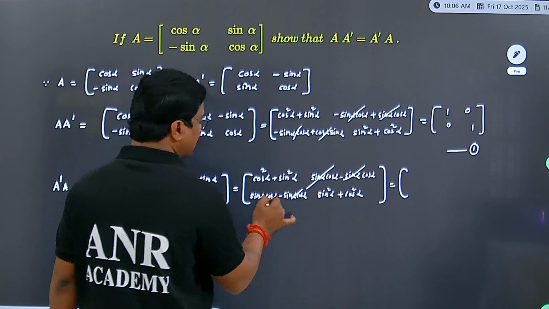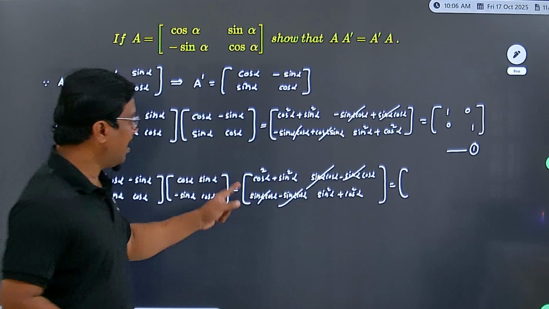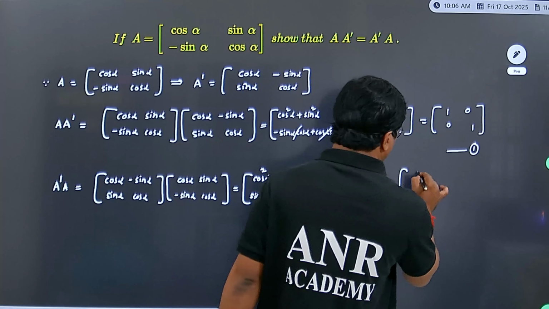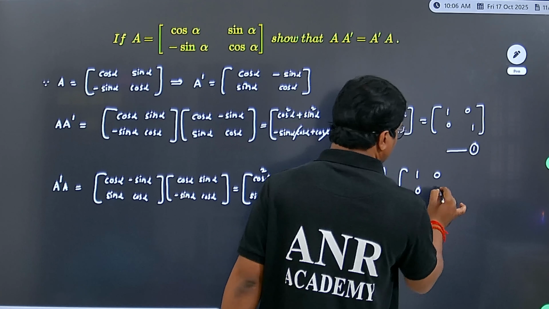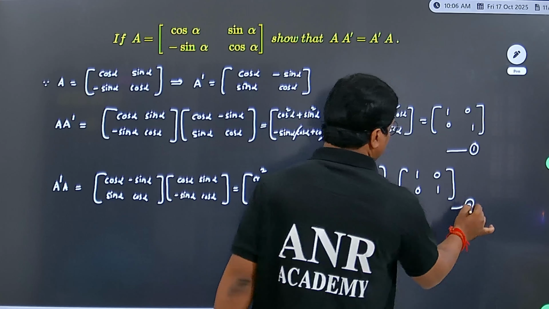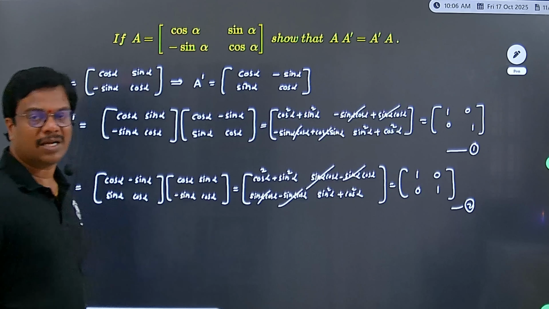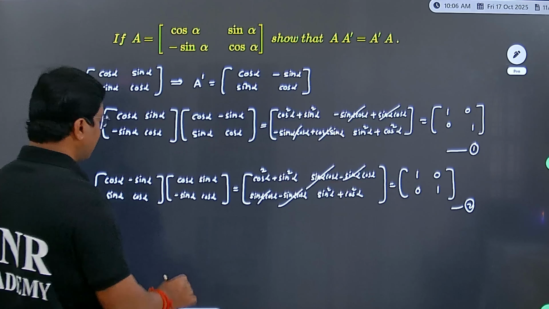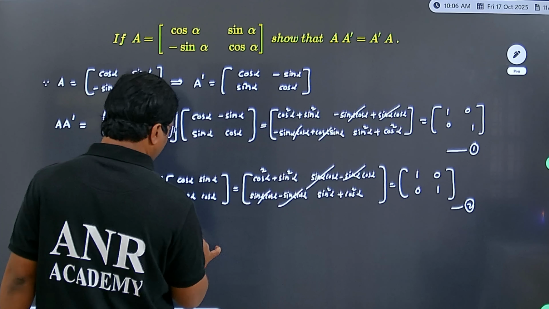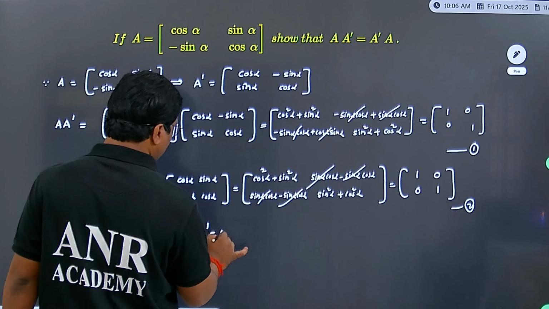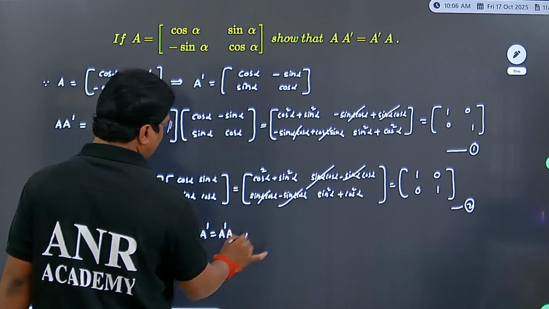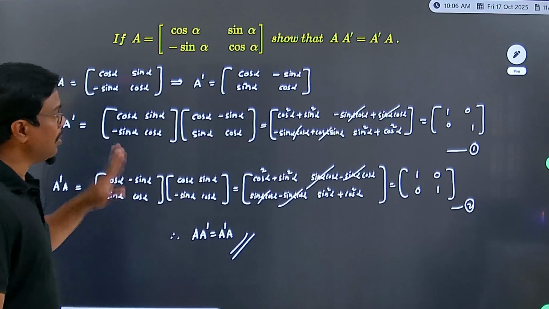Here these two get cancelled, and by the trigonometric identity it is 1. These two zeros and here 1. This is result 2. Both are identity matrices. Therefore, A into A transpose equals A transpose into A. This is the solution.